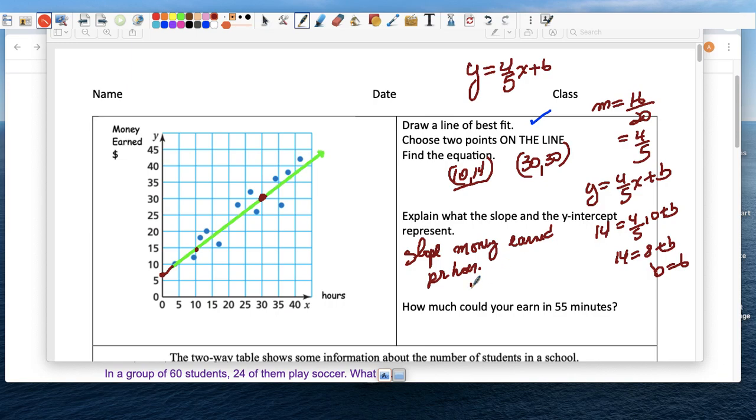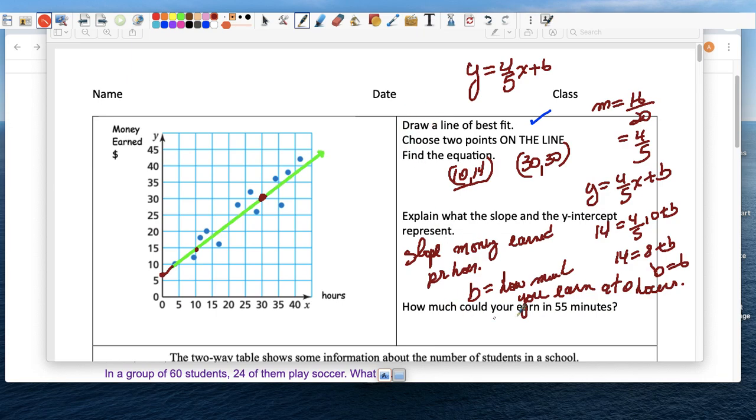So the y-intercept b, in the context of this story, is how much you earn at 0 hours. Okay, so maybe you start the day with $6, it's guaranteed.